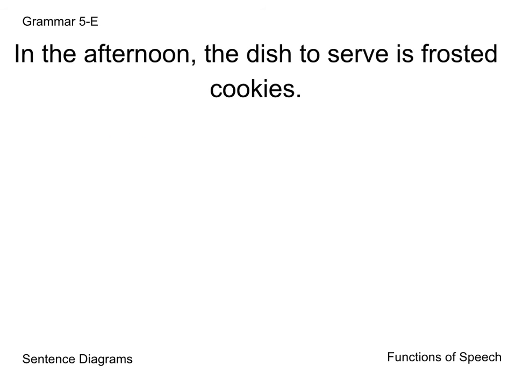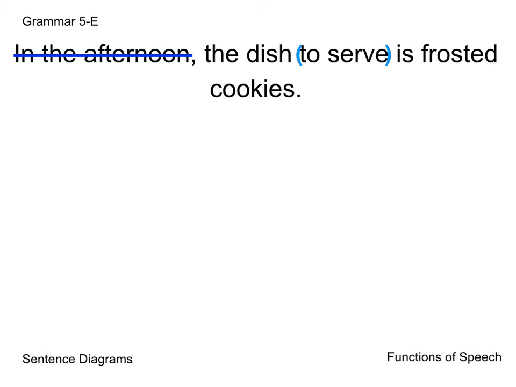So we have the sentence, "In the afternoon, the dish to serve is frosted cookies." So first, let's just mark out the parts of the sentence that will not be a part of the core. So we have a prepositional phrase, "in the afternoon," and we have an infinitive, "to serve." Both of these are going to be something separate from the core of the sentence.